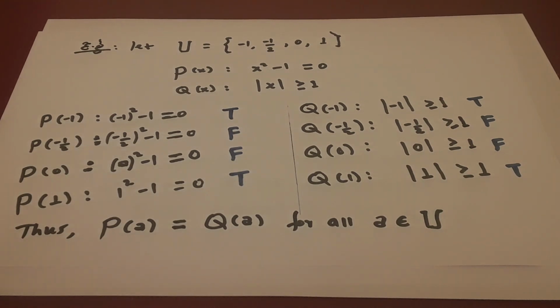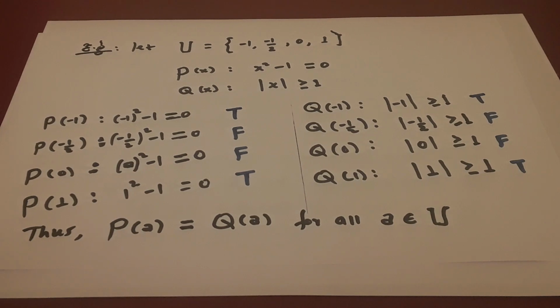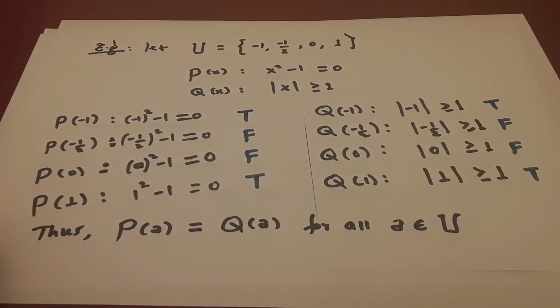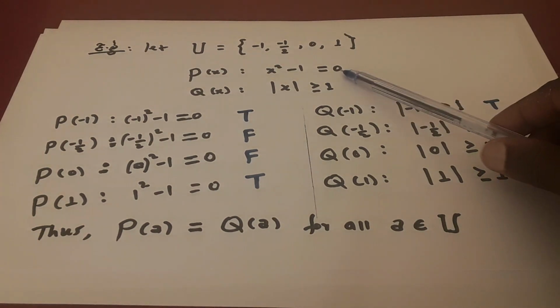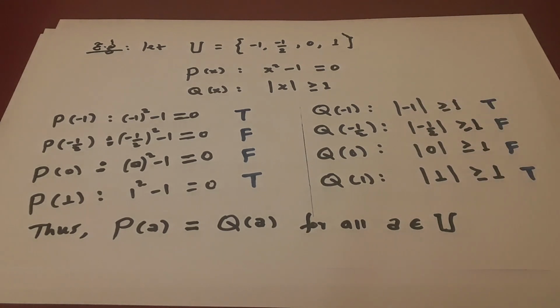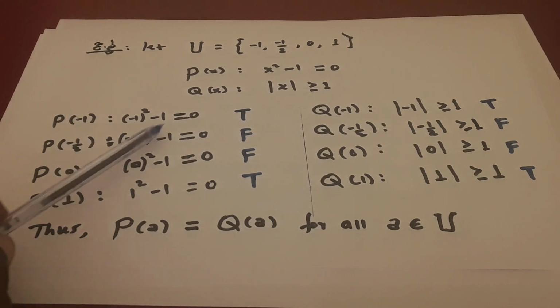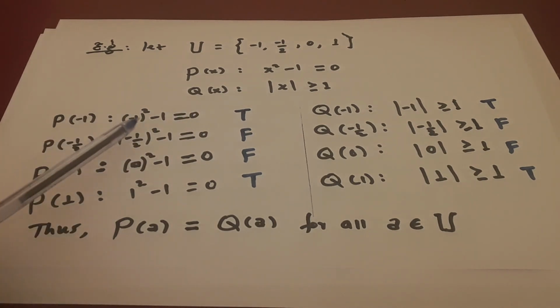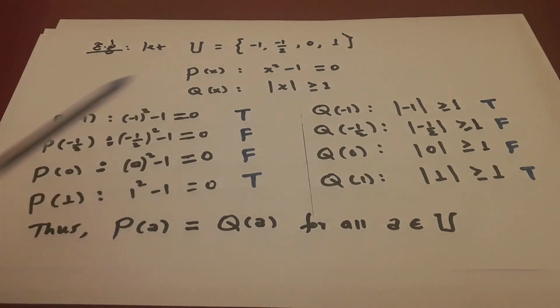P of minus 1: minus 1 squared is 1, then 1 minus 1 is 0, so that's true.